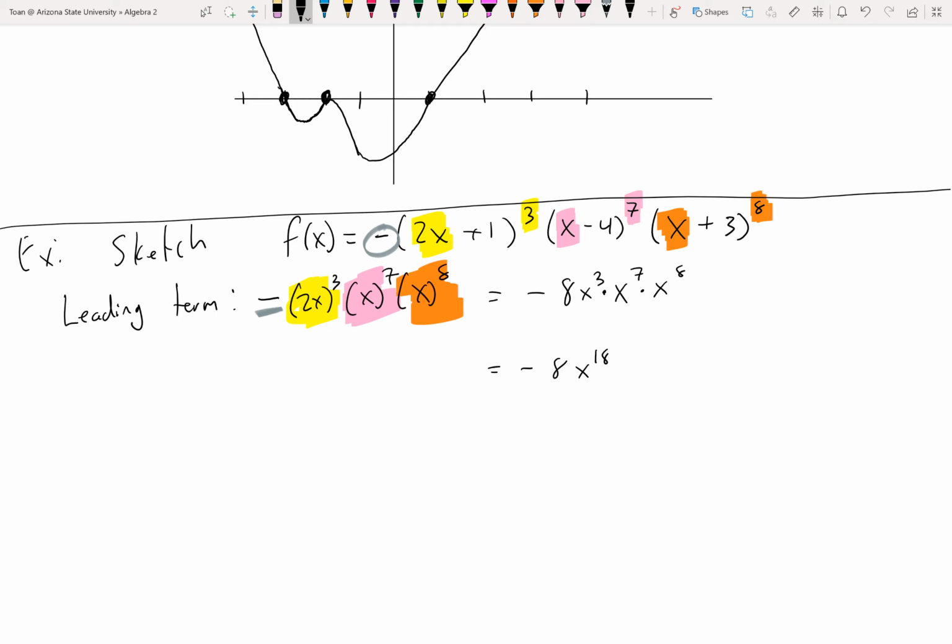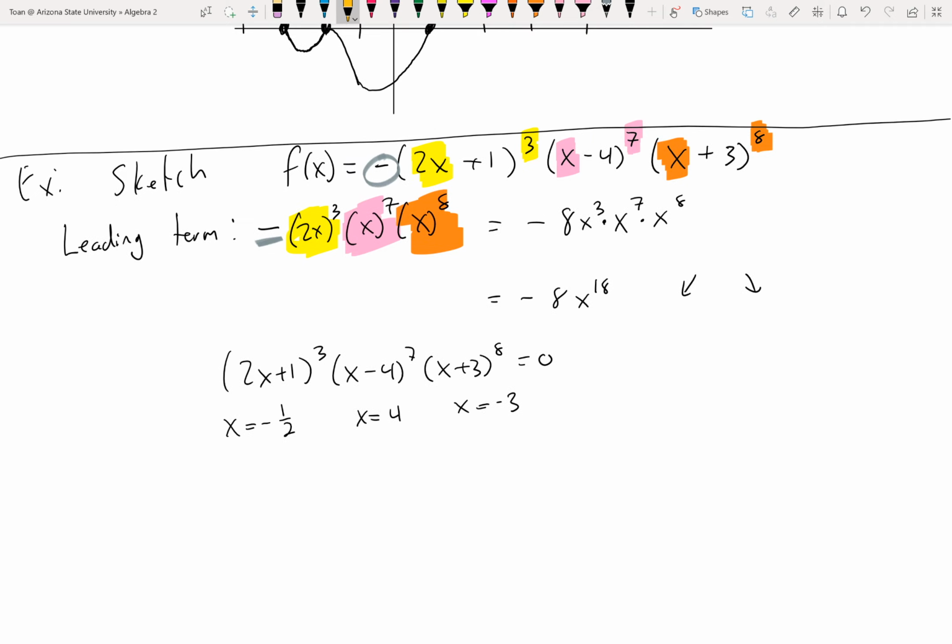So knowing the end behavior, you have an even degree, negative leading coefficient. That should be down on both sides. So then I go ahead and find my x-intercepts, which is solving the equation equaling to 0. So we get x equals negative 1/2, x equals 4, x equals negative 3.